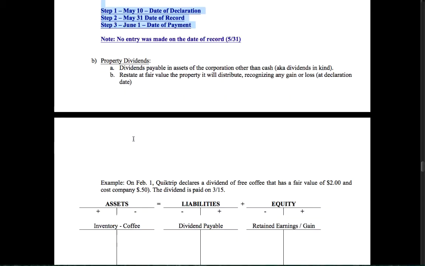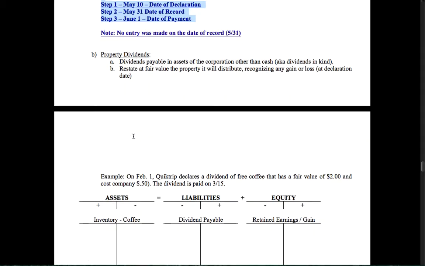Next, let's move on to property dividends. As I mentioned previously, owner transactions do not impact net income. However, property dividends can be the exception. It's not always the exception, but it can be the exception to that rule.